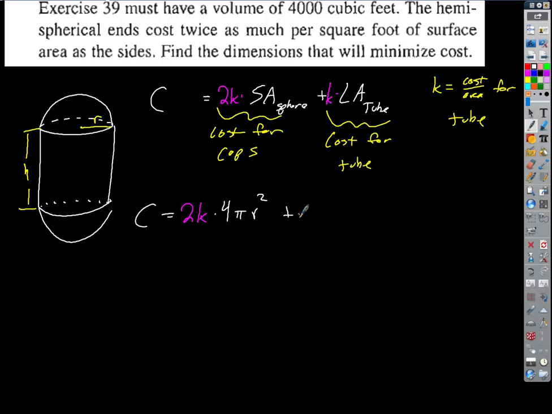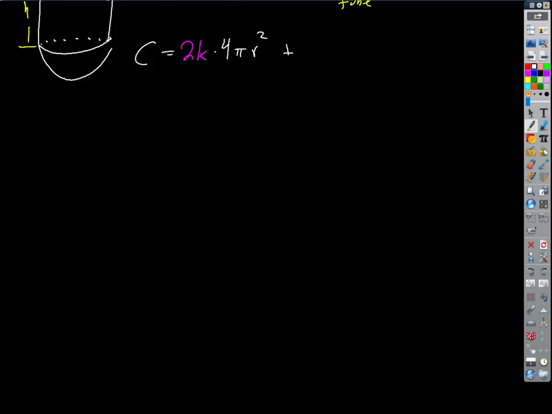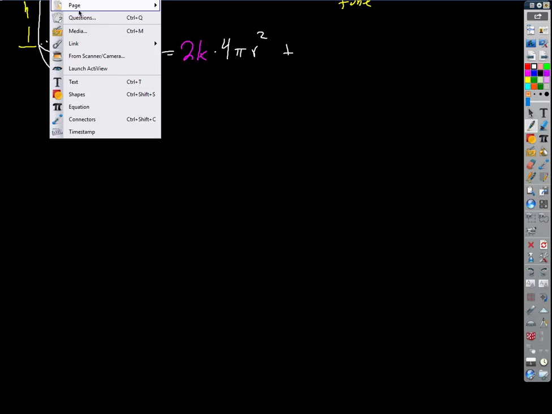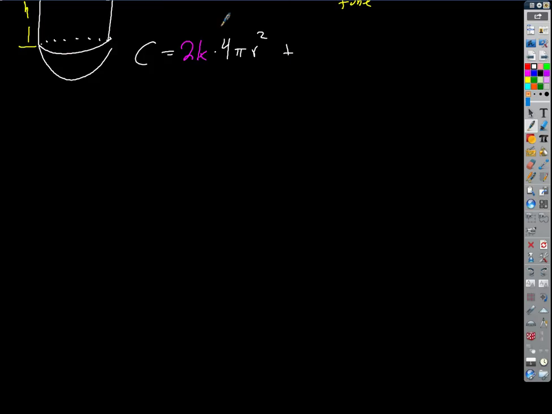What's the lateral area of the tube? What is it again? So think about it this way. Here's an easy way to think about this. If we're just looking at the tube, isn't it just h times circumference? What if this is like a toilet paper roll, right? What if I cut this thing vertically and unroll it?